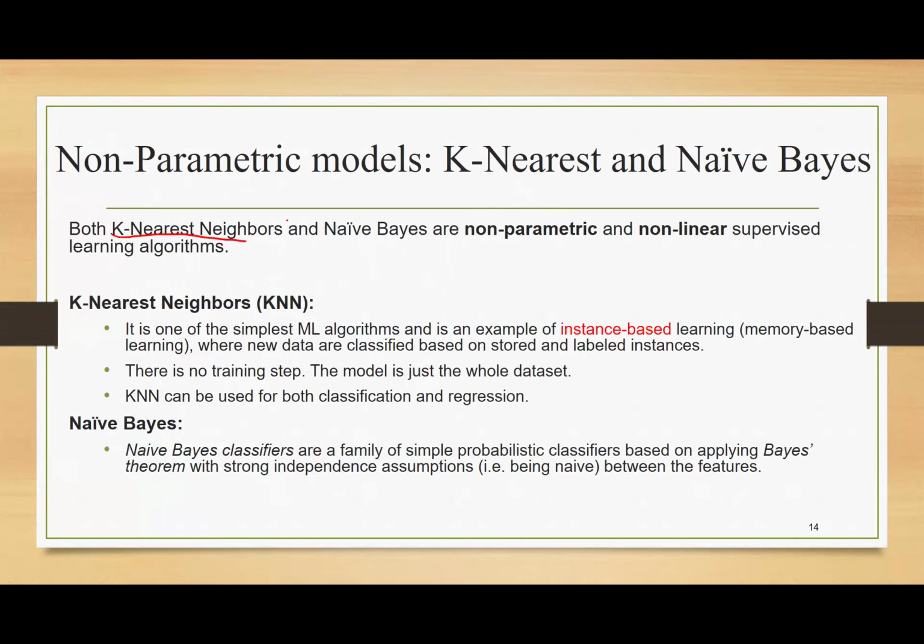Okay, so these two models that we're going to talk about in the following time, the KNN and the naive Bayes, are non-parametric models. So it means we're not going to learn the parameters of the model.